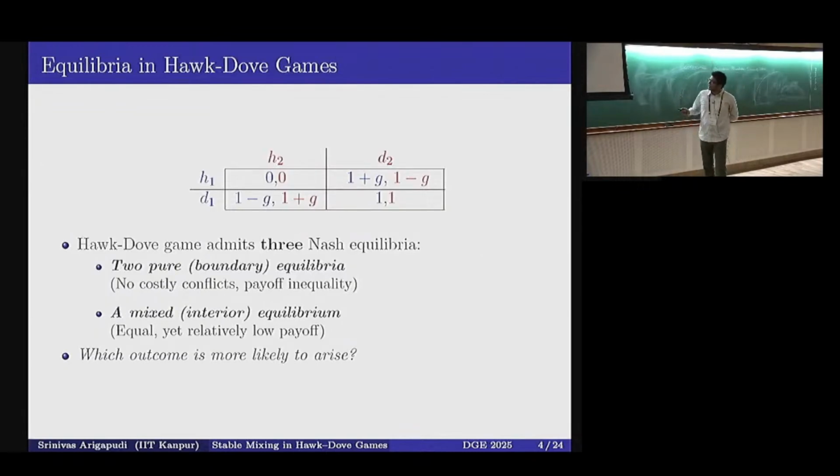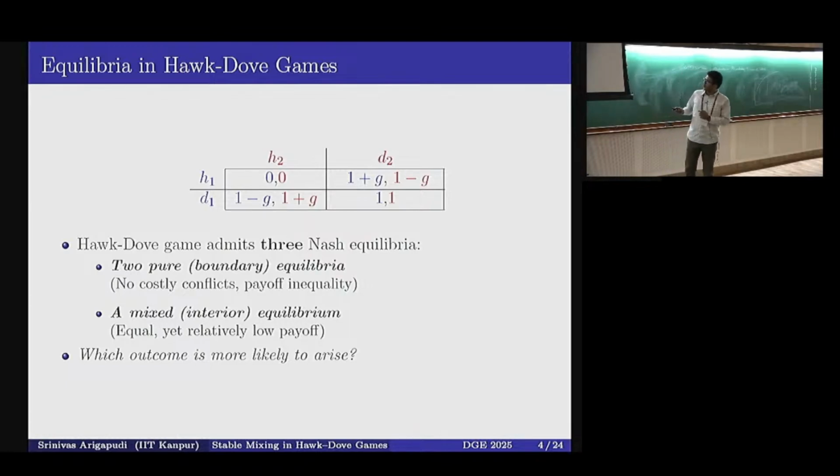As I said, this game has three Nash equilibria, and qualitatively you have two distinct kinds of equilibrium. One is a boundary equilibrium, the pure equilibrium, in which one player is choosing to play a pure action, there's no mixing, and the other player is also similarly not mixing.